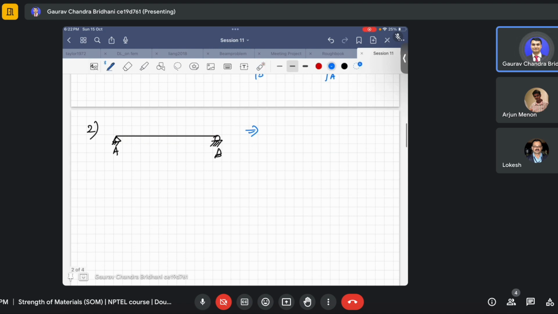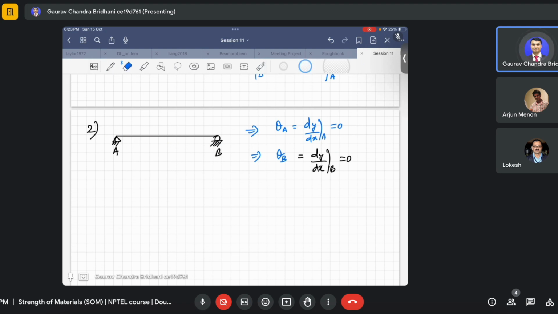So theta A, which is also written as dy/dx at A, is non-zero. Similarly, we can write for theta B at the B end, because that is also a roller.